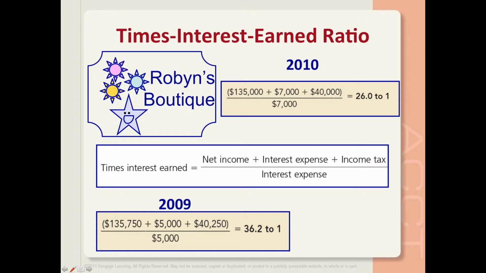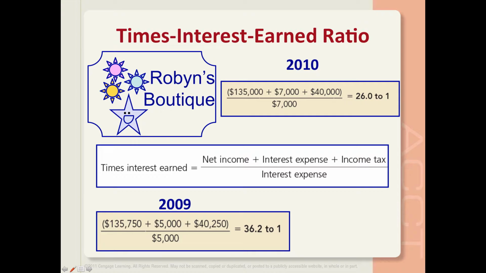Both interest expense and income tax expense are added back to the net income here, because interest is deducted from net income to arrive at taxable income. This adjustment gives us a pure measure of income available to pay interest. This ratio is very important to bankers and other lenders, and obviously we know why. They want to make sure they're going to get their money back, right?